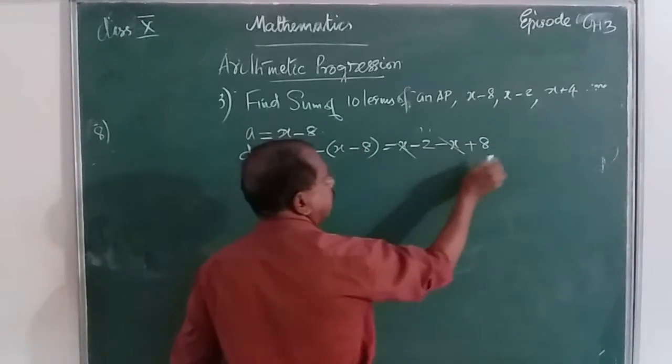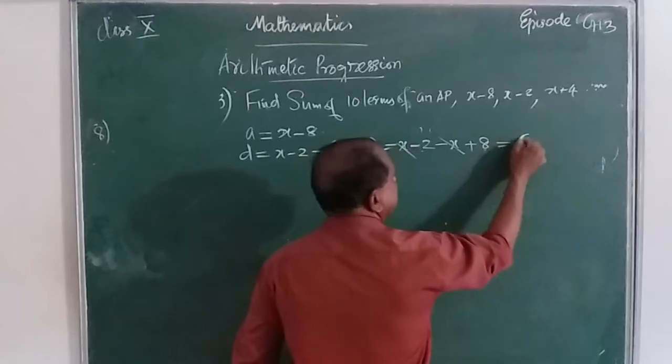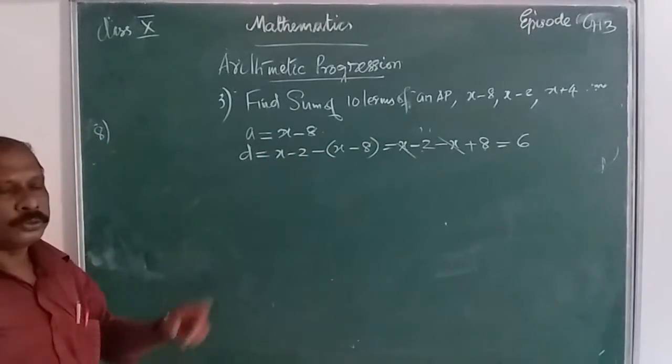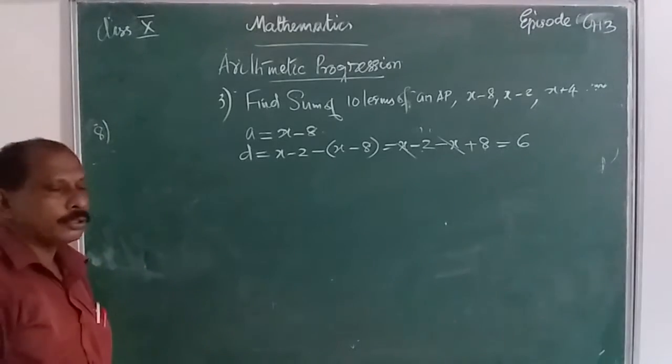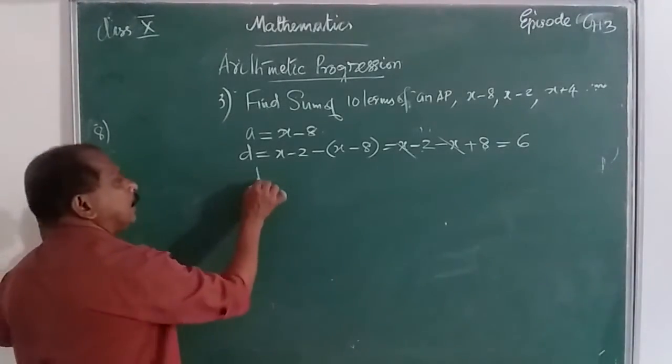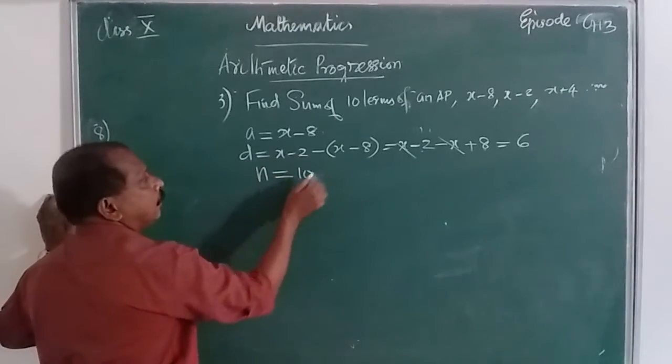X cancels, that is 8 minus 2, that is 6. That is the common difference. Minus 8 plus 6 is minus 2. Minus 2 plus 6 is 4. That is the answer. Then how many terms? 10 terms, that is n is equal to 10.